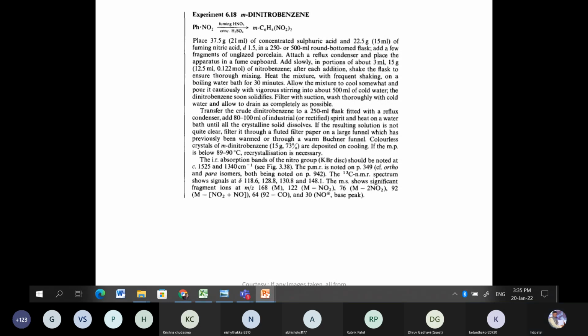So based on IR, mass and NMR spectroscopy, we can find out whether the product is formed or not. So as per the syllabus or requirement, I have explained the preparation of metadinitrobenzene from nitrobenzene.